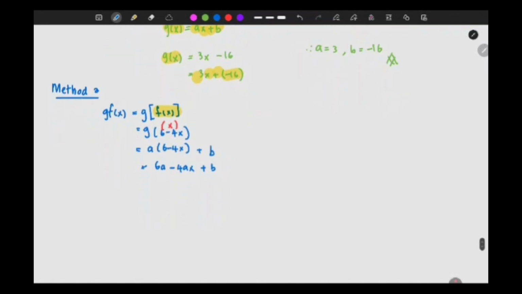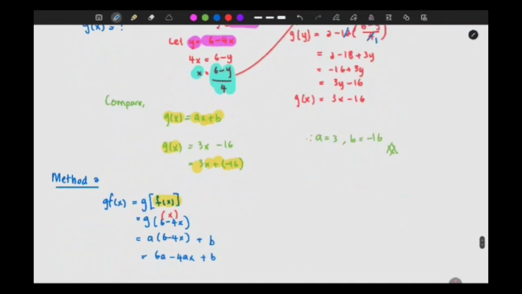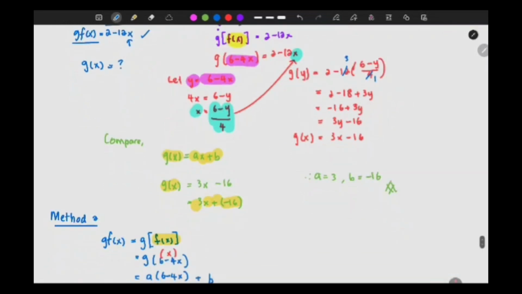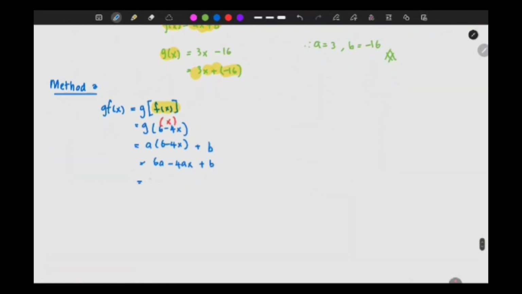So your minus 4ax I put at the back. The 6a and the b I put at the front, 6a plus b. This one put here, this one put here. Follow the equation, so it looks nicer.